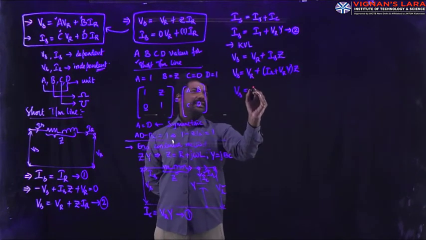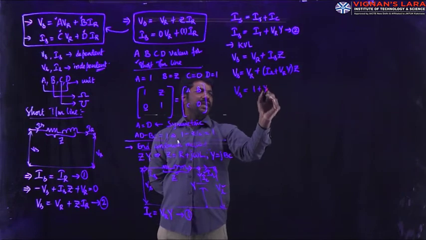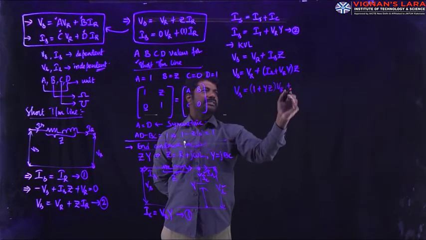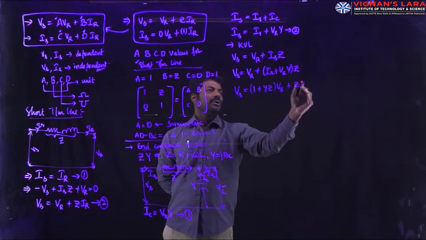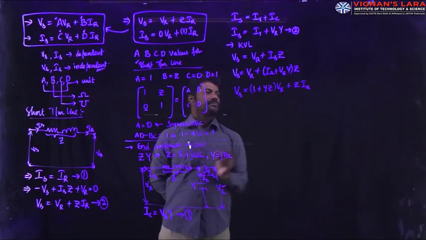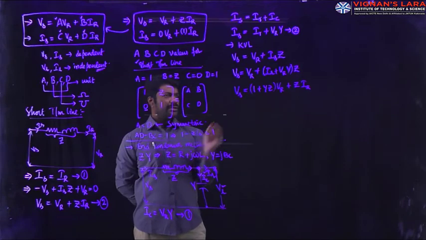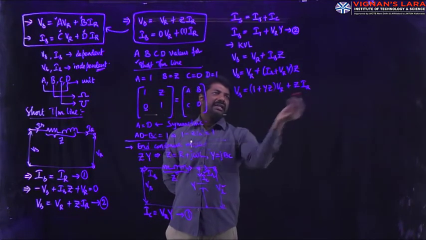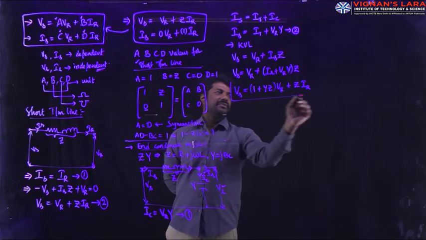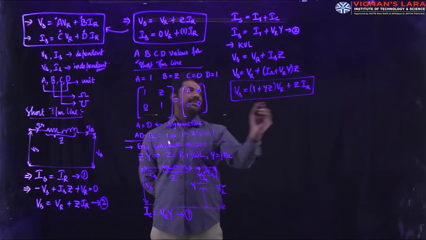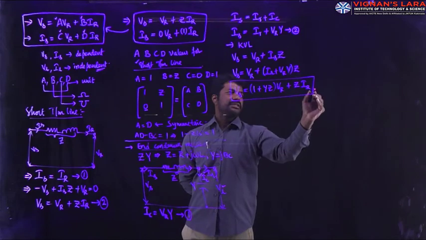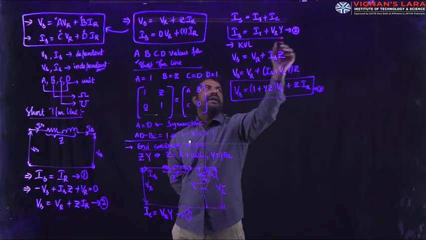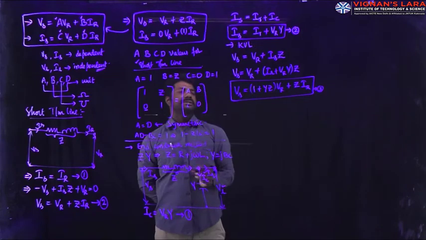Its value is 1 plus YZ, times VR, plus Z into IR. So VS is in terms of VR and IR. This is the equation for VS. Let it be equation 3. And this is the IS equation in the required format.